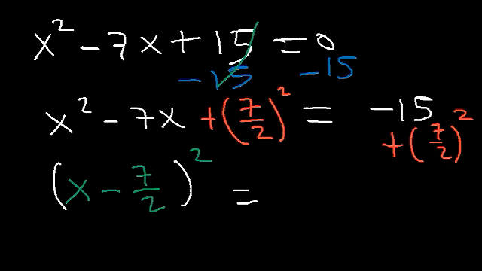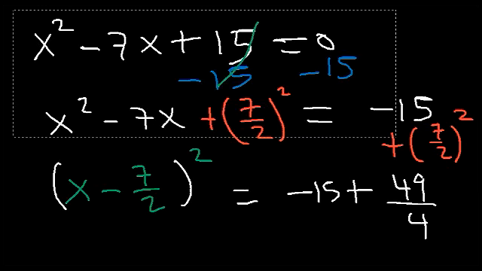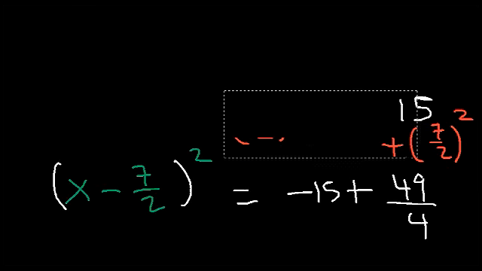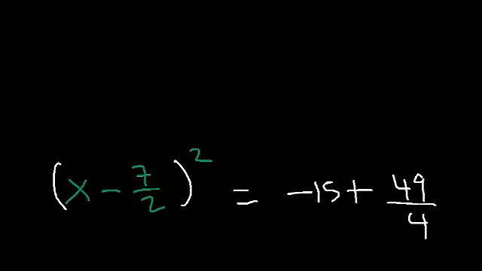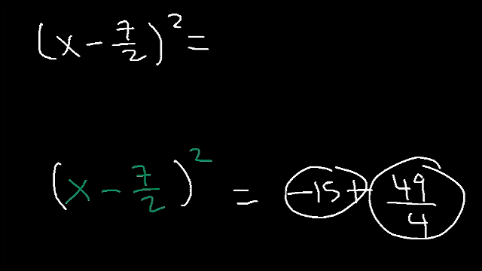And on the right side, we have negative 15 plus, we can go ahead and square these numbers. 7 squared is 7 times 7, that's 49. 2 squared is 2 times 2, that's 4. So this is what we now have. So we need to add these two numbers.